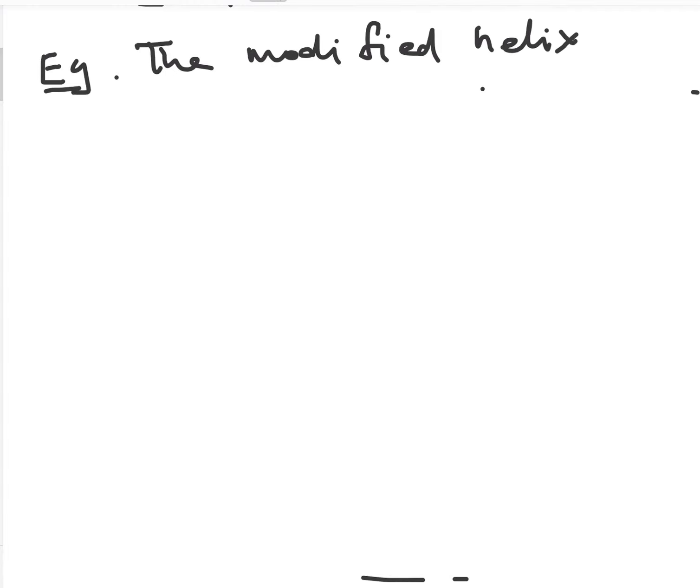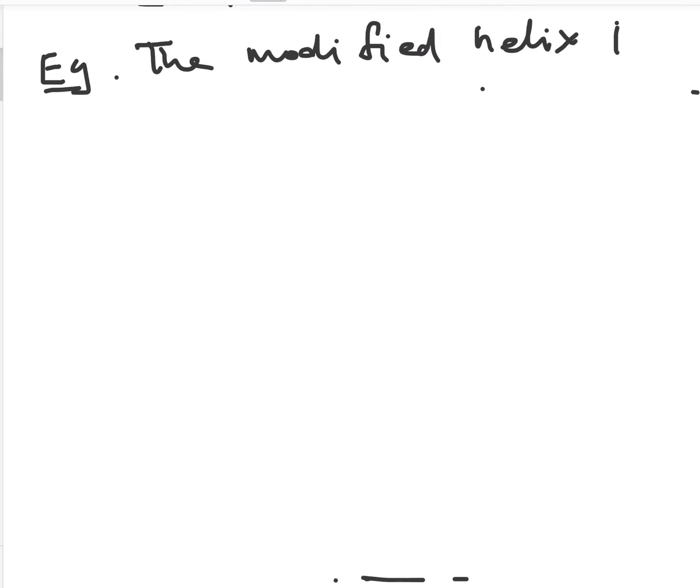Right. So in the second example, we have the modified helix. Now this is also a helix, it looks like a spring, but the z coordinate doesn't increase in equal spaces, but rather in some exponential way.